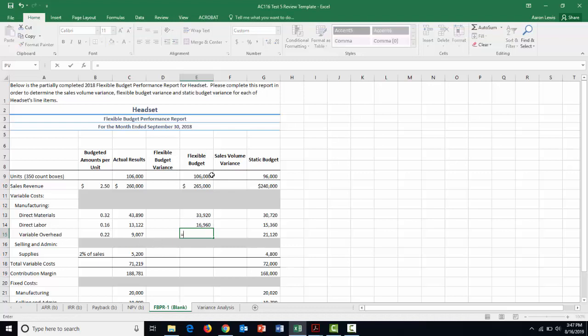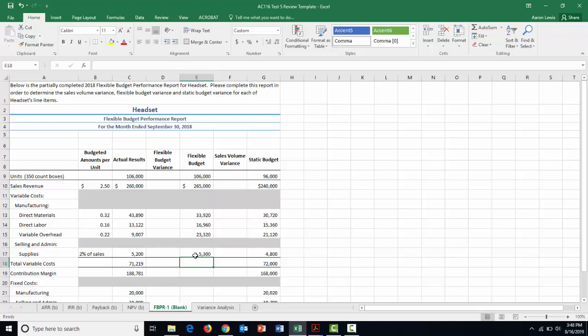For variable overhead, we take that 106,000 and multiply it by our variable overhead per unit, which gives 23,320. And for supplies, it says it is 2% of sales. So what we're going to do is hit equals, click on our sales revenue, and multiply it by 0.02. We should have used $5,300 worth of supplies.